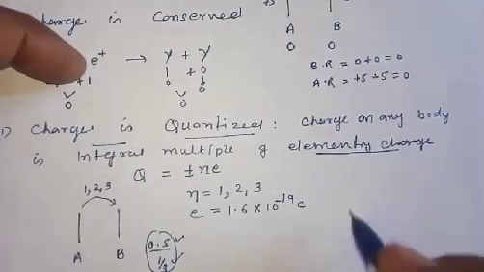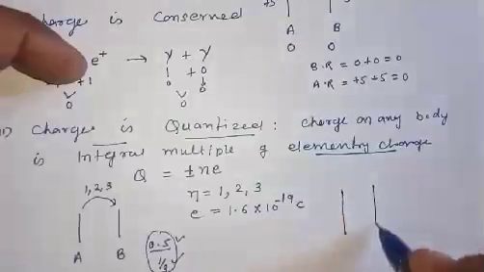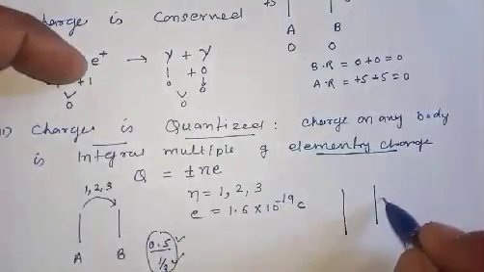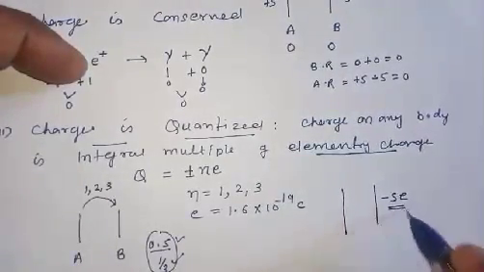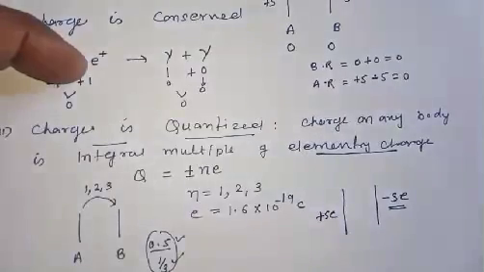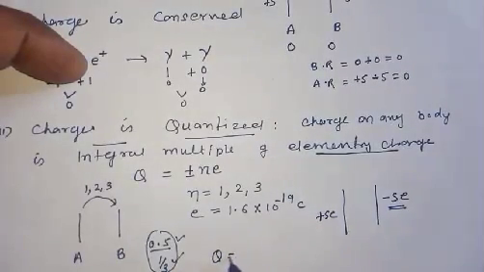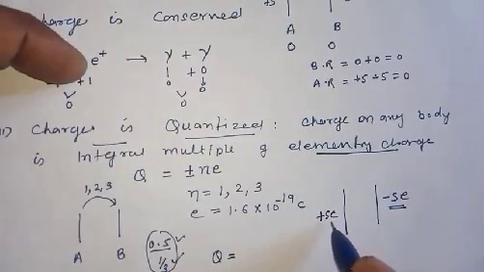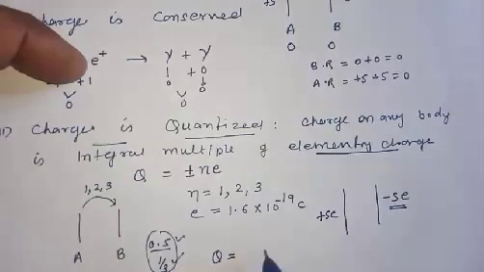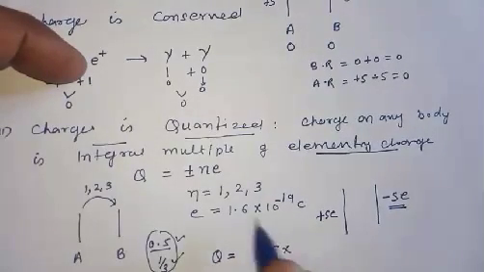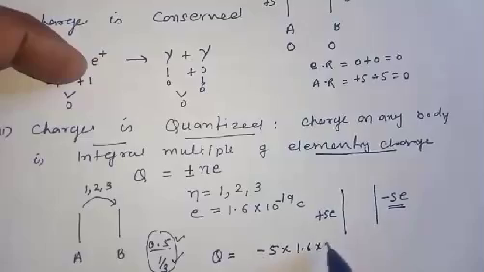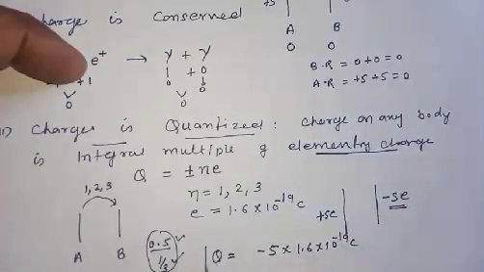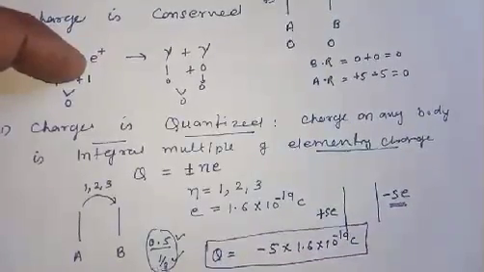Like if I say 5 electrons transfer, here the charge is minus 5 and here the charge is plus 5. How many electrons transferred? 5. So Q equal to minus 5 into e, where e stands for 1.6 times 10 raised to minus 19 coulomb.